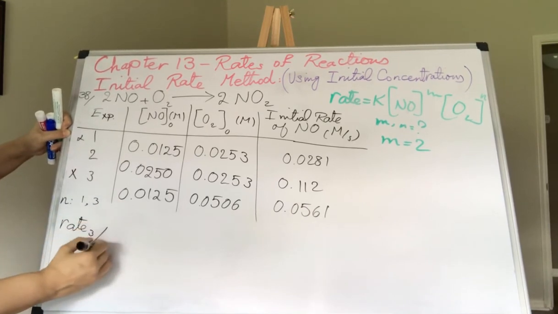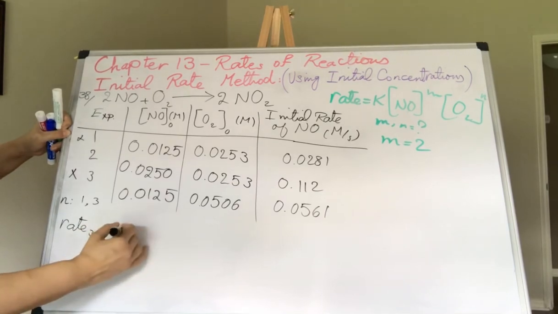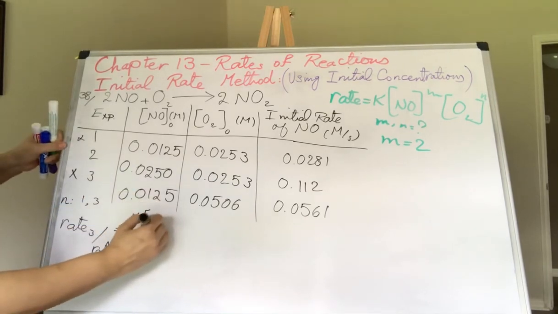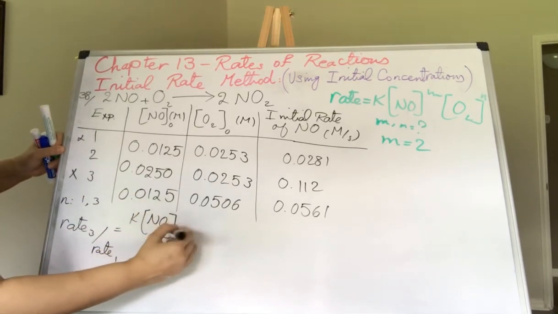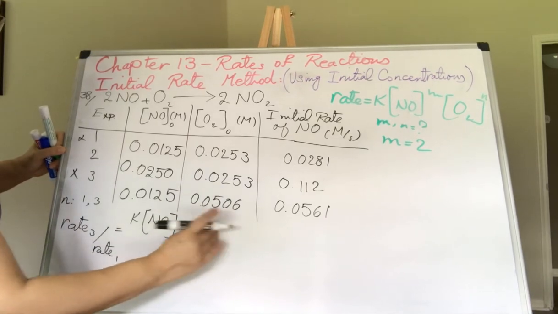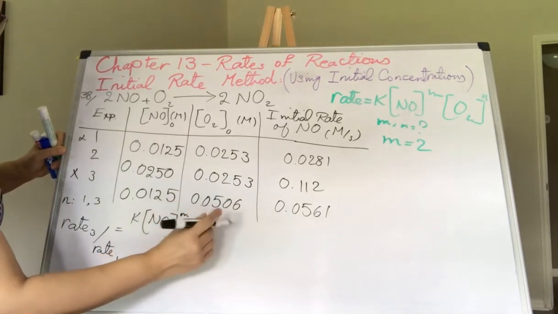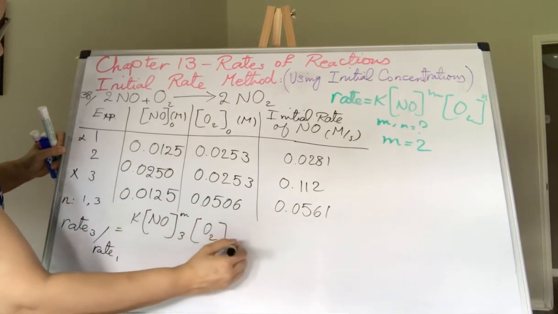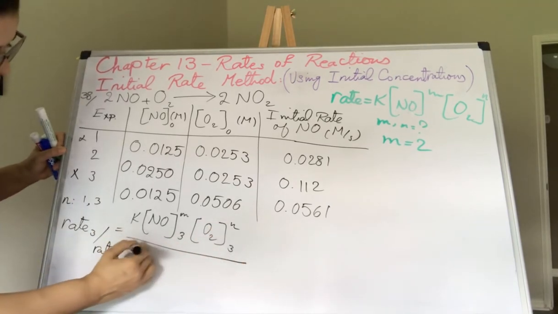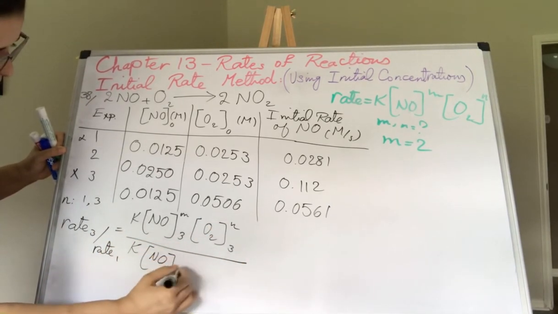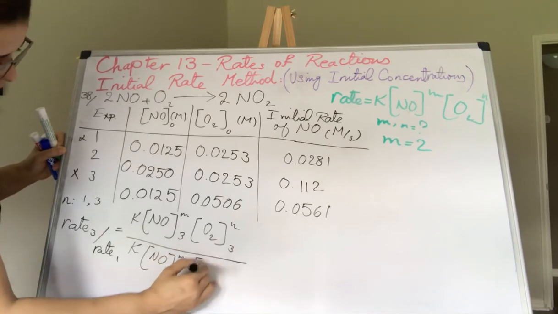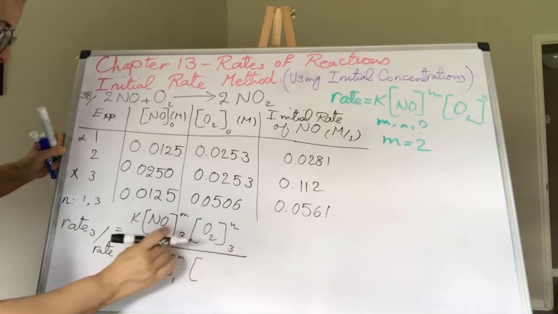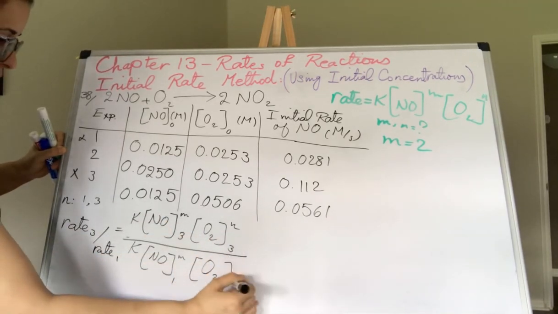Rate of 3 over rate 1 equals K, concentration of NO in 3 to the power of M, and you can do it for O2, to the power of N, NO in experiment 3 over experiment 1, and O2 likewise.